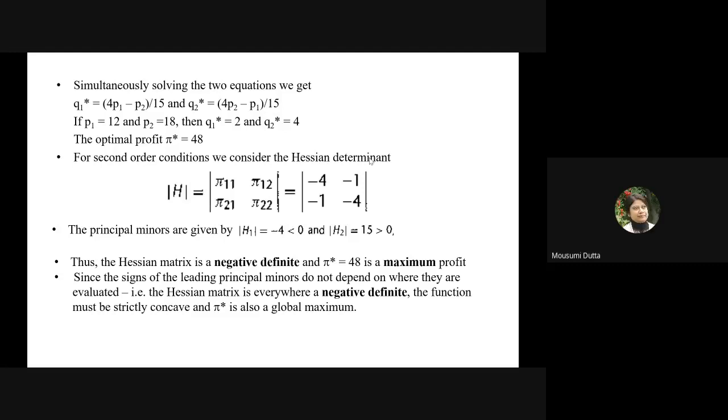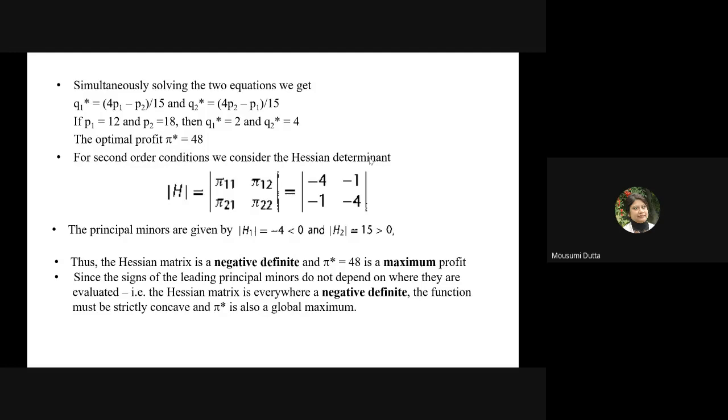So you got these values. Now if we know P1 is equal to 12 and P2 is equal to 18, and if we put the values there, we are getting exact values of Q1 star and Q2 star. These are given by 2 and 4.